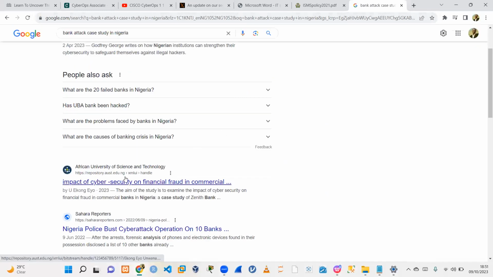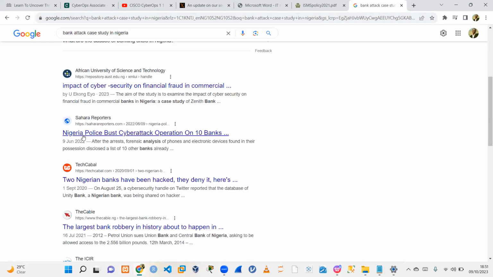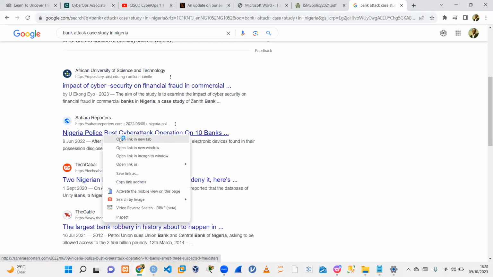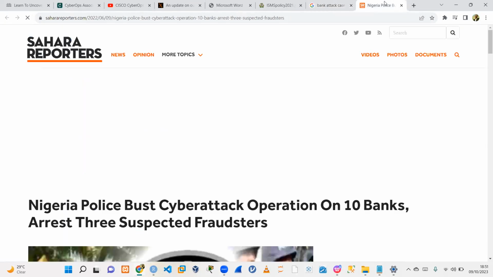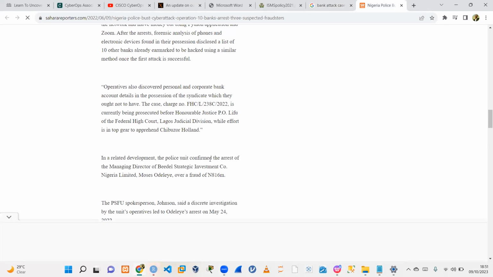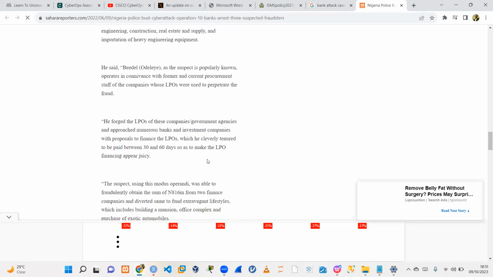So impact of financial Nigeria police boss cybersecurity operation in 10 banks. You can read about this if it's very detailed and talks about how the hack happened, why it happened, what was the vulnerability.